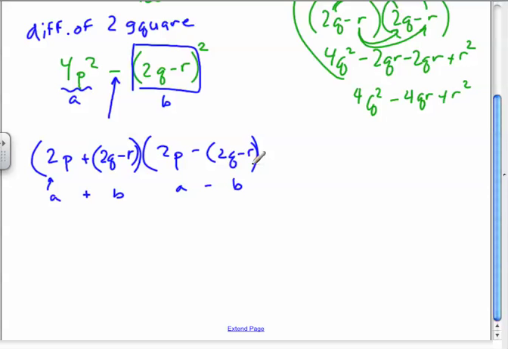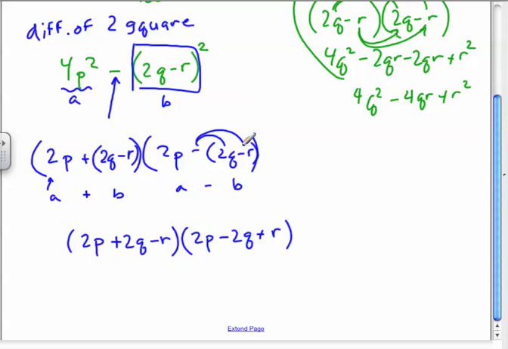Now I could get rid of those parentheses and just make it 2p plus 2q minus r times 2p minus 2q plus r, because remember the negative gets distributed. And that's it.